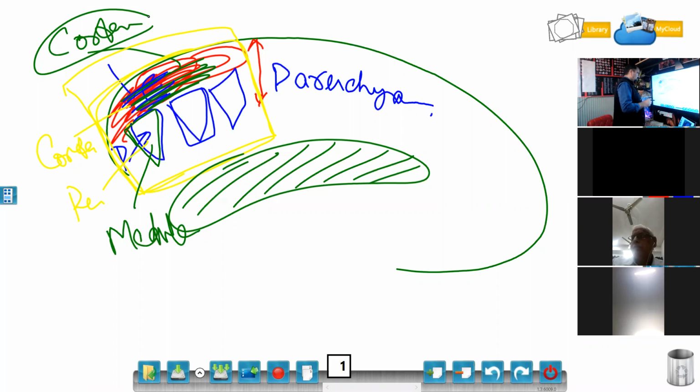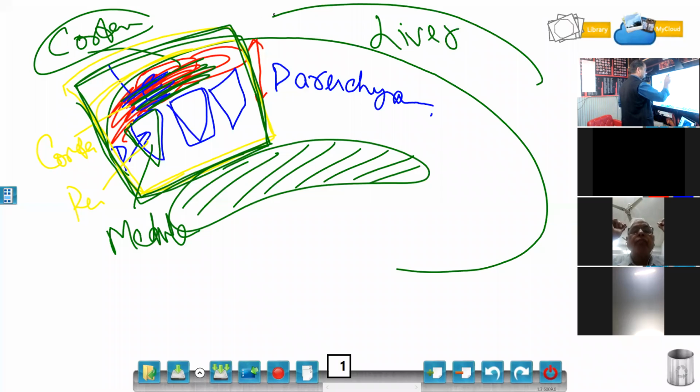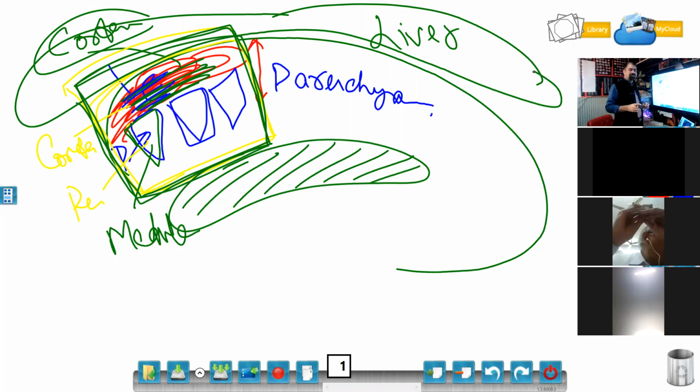But one more important point: I am also comparing the echogenicity of this parenchyma with the liver, which is on the right side, and on the left it will be the spleen.